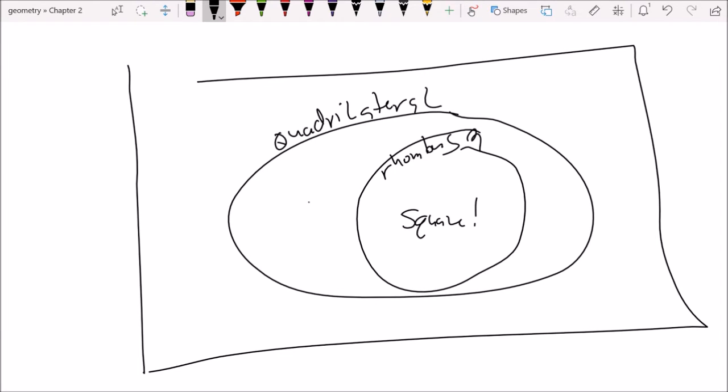Is there anything else that's definitely a rhombus? I'm not sure. So what about things that are in this quadrilateral bubble that are not in the rhombus bubble? Well, how about like a trapezoid? A trapezoid, it would fit, it is inside the quadrilaterals. It is a quadrilateral, but it's not a rhombus. So it fits in here. What about parallelogram?